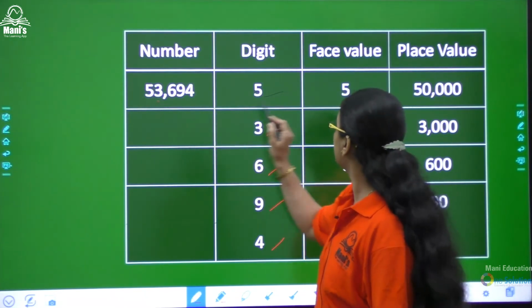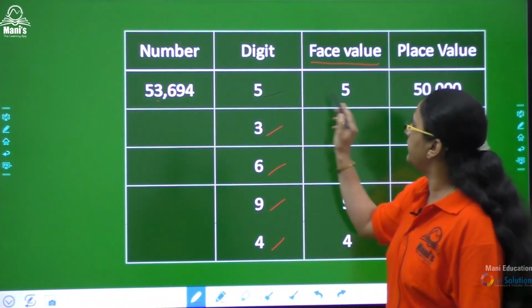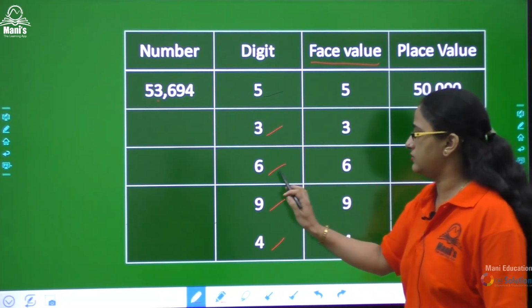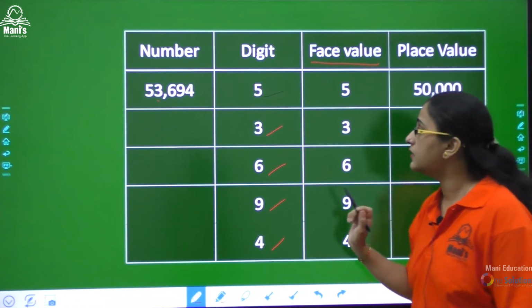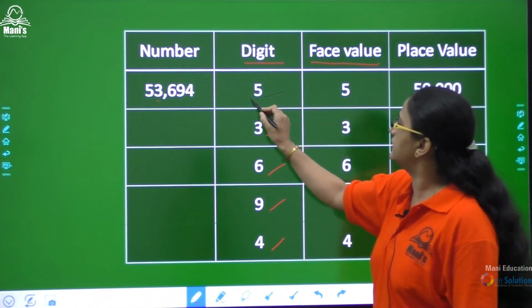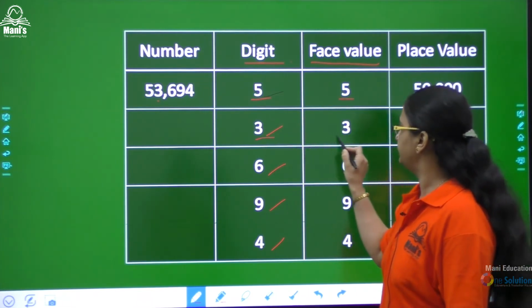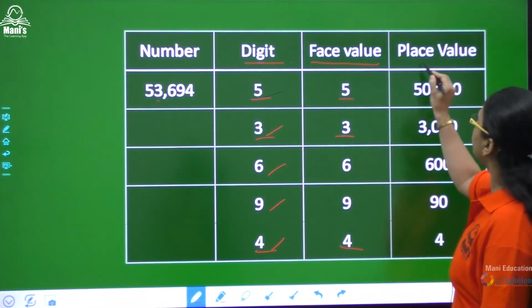Now we have to talk about the face value. Face value of 5 would be 5, 3 would be 3, 6 would be 6, 9 would be 9 and 4 would be 4. It means the digit and the face value, they both are same here also. Now we will talk about the place value.